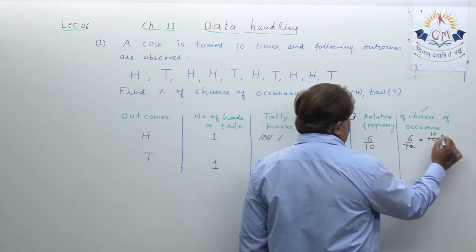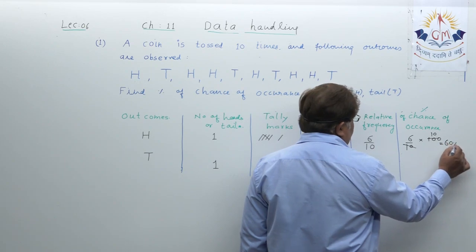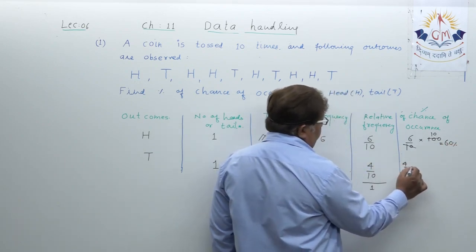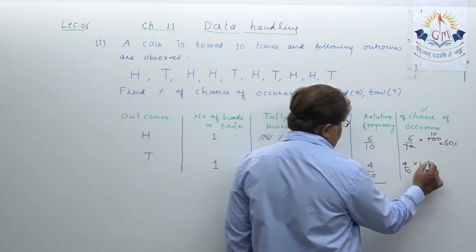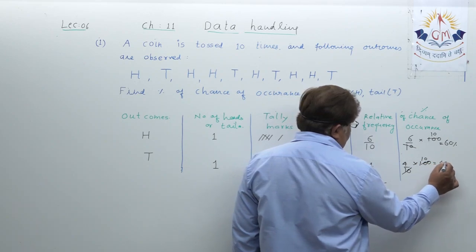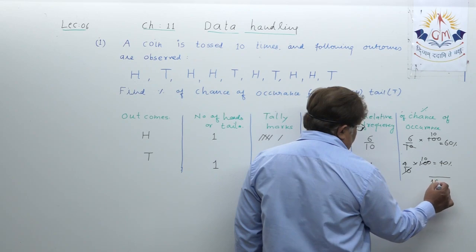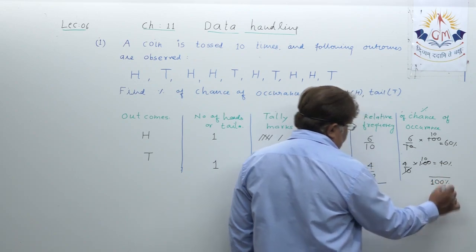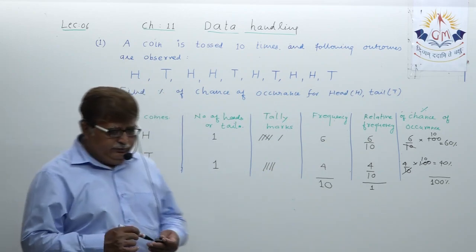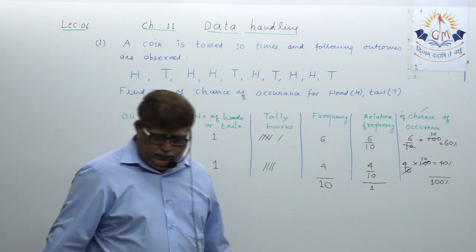The first one delivers 60%. 4 upon 10 into 100, cancel it, delivers 40%. The total of chance of occurrence is always 100%, that you all know very well.